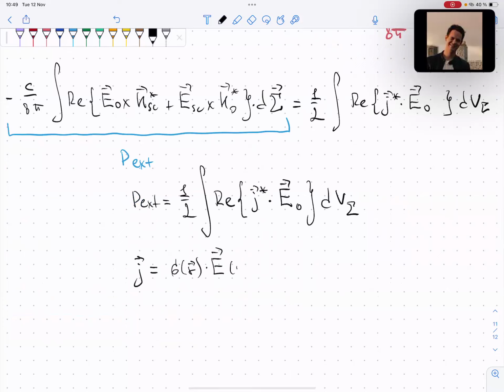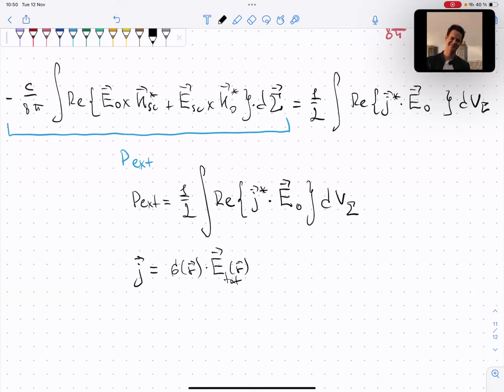So it's basically the conductivity multiplied by the total field. This is all currents inside our structure, the total currents inside our structure, something like this.